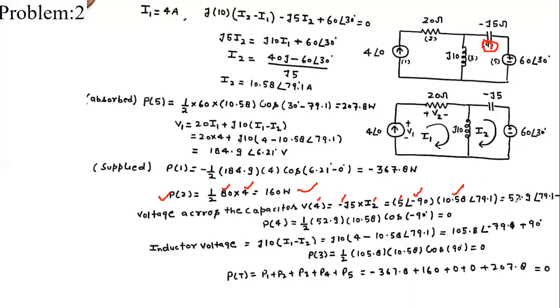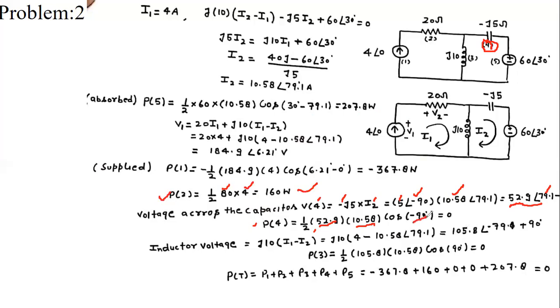So this term becomes equal to 52.9 and the angle becomes 79.1 minus 90 degrees. So the value of P4 is half, the voltage is 52.9, the current value is 10.59, and the angle difference is minus 90.